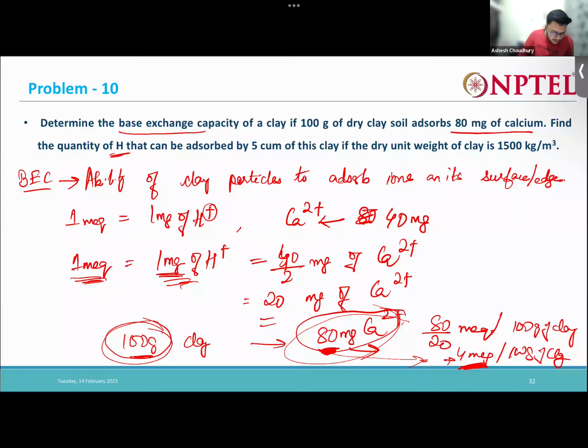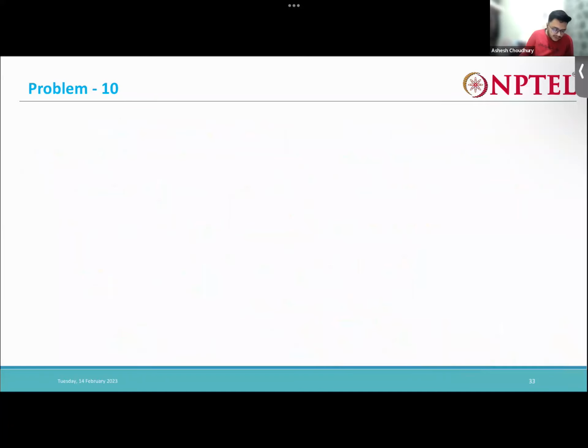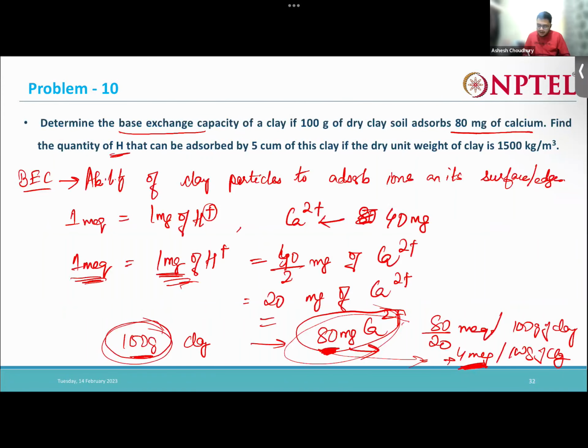Now it is given that 5 cubic meter of this clay adsorbs hydrogen. So 100 gram of clay can adsorb 4 milli equivalent. 4 milli equivalent means 4 milligram of hydrogen.